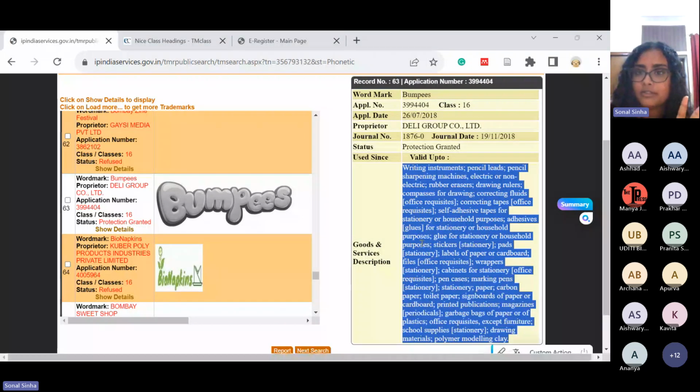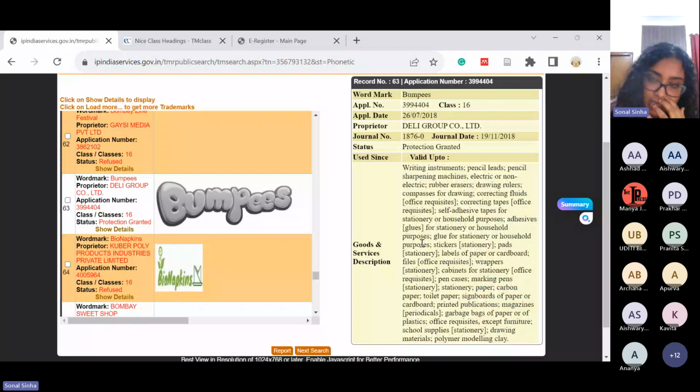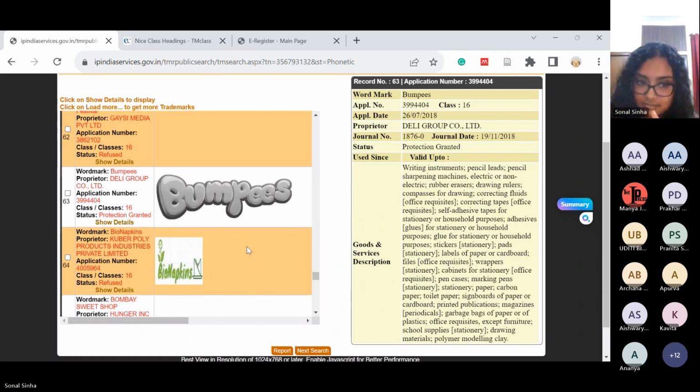So when you're creating specifications in class 16, you mention that it's stationery for toddlers and kids or babies or books for babies or polymer modeling clay for kids, to make sure that if this comes up into objection, you can say that we are into a very different business than them.